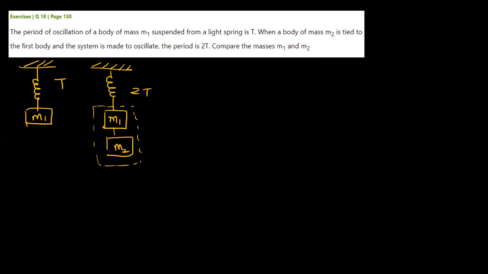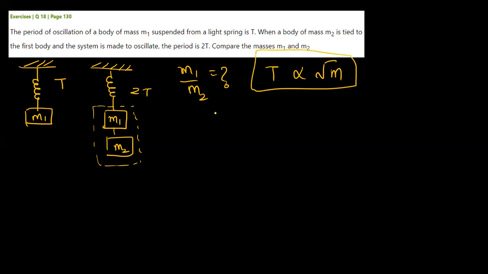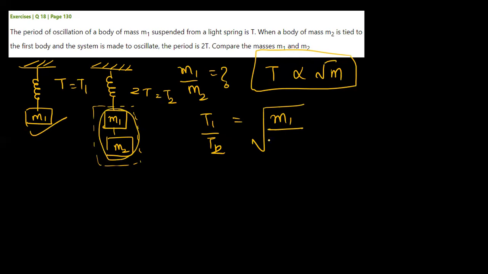Okay. Now compare the masses m1 and m2. So I need to find the ratio of m1 upon m2. We know that T is proportional to root m. This is our formula. Time period is directly proportional to root m. So I can say t1 upon t2 will be equal to root m1 divided by, for the second case, root of both together, m1 plus m2.